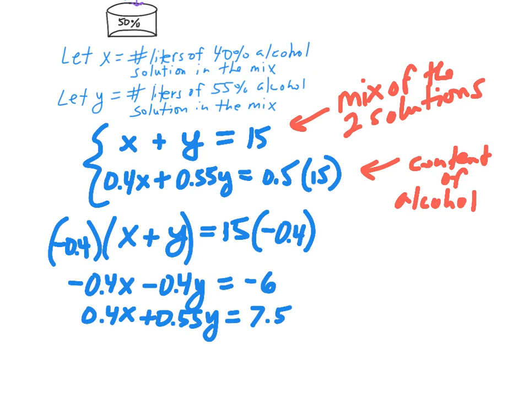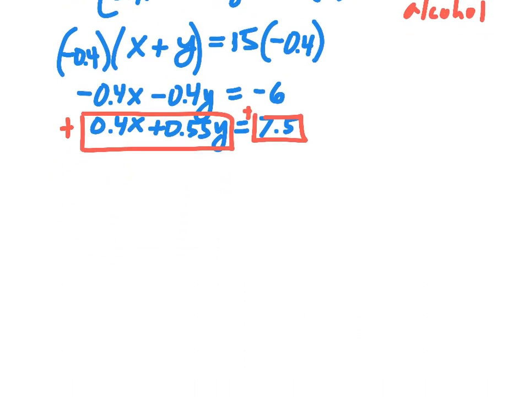And then I'm going to add all of this to the left side and add 7.5 to negative 6, and I'm going to get 0.15y equals 1.5.